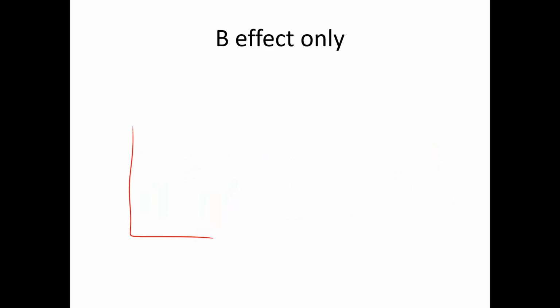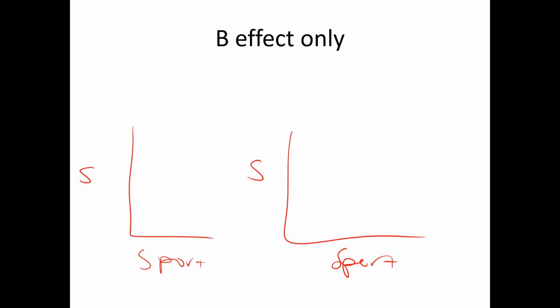If I instead want to get a sport effect, so still sport down here, but no gender, so satisfaction on the Y. For sport, we would need to make them different heights. This is no interaction. So this is the line graph.